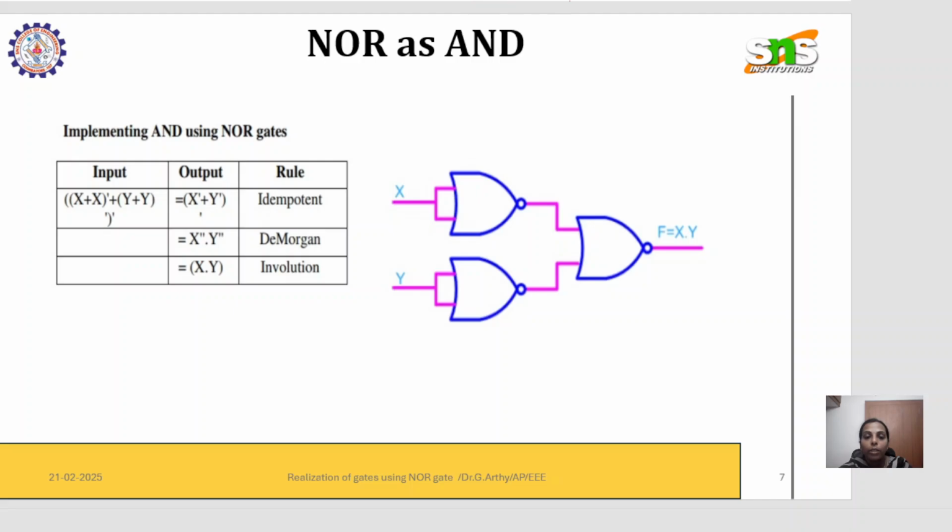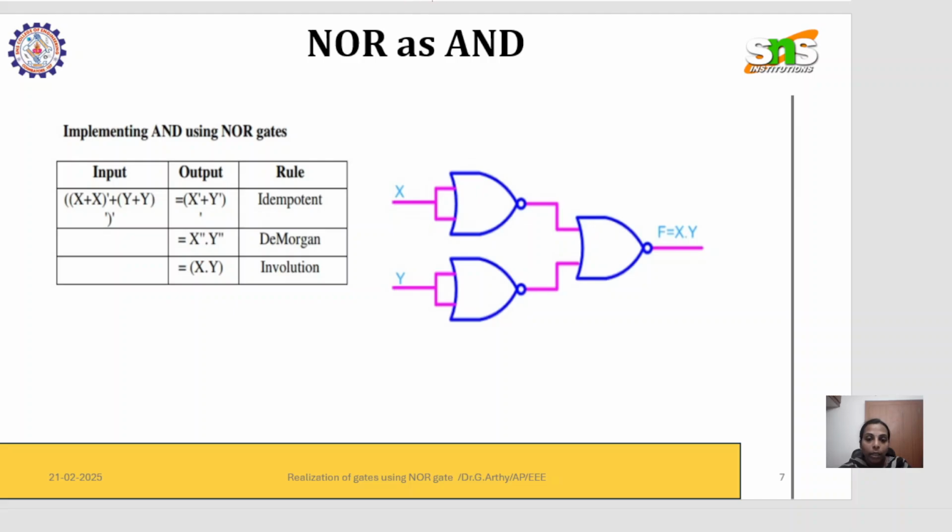The output is given to another NOR gate. So these are the laws which we have used to achieve that. Once after applying inversion to the inputs, and then again after the NOR operation taking inversion again, here we have used idempotent law, and here we have used De Morgan's law.